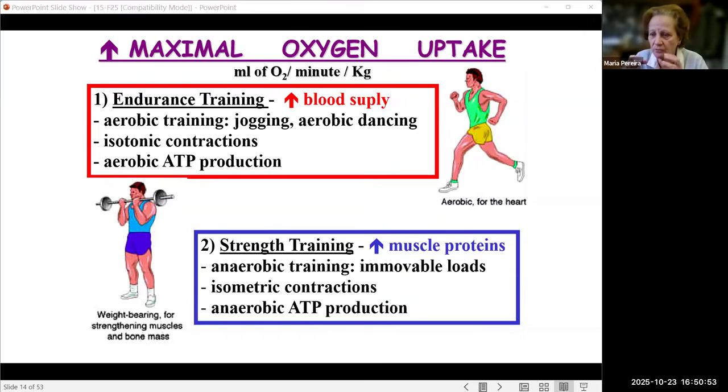Because remember, the heart becomes more efficient, so it doesn't have to pump so many times to release the same amount of blood. So a high heart rate is not good, okay? It generally lowers it, that's correct.